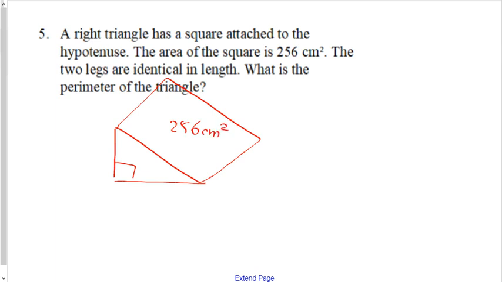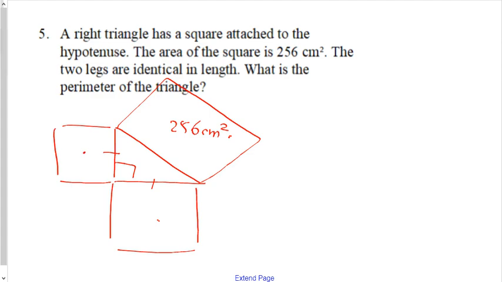So I'm going to put it right in there. The two legs are identical in length, so I'm going to put a little mark here and a mark there, and I'm going to draw squares here. If they're both the same side length, they both have the same area, don't they? And if this plus this equals this, how will I calculate the area of this if I know the area of the hypotenuse square?